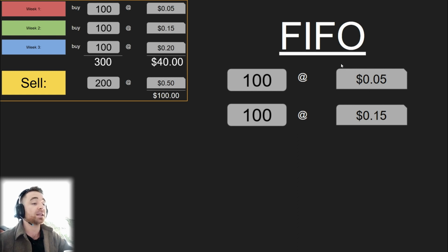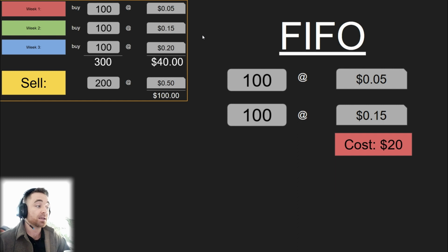Fair enough, okay. We then sold another 100, and the next set of balls, we've eliminated those ball pit balls. Now the next set, the new first ones in, are week 2's. It's in chronological order. So 100, and these ones were 15 cents per ball. So we factor that in. We're assuming that the order we got them in is the order we sold them in.